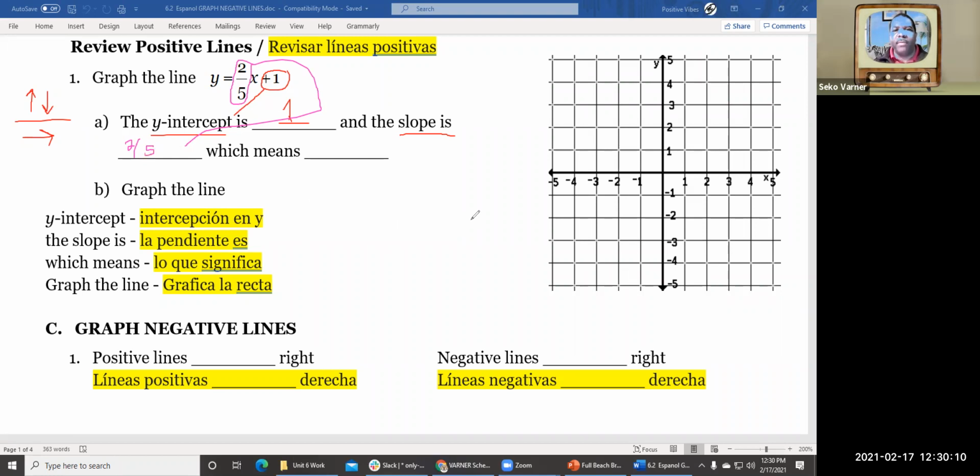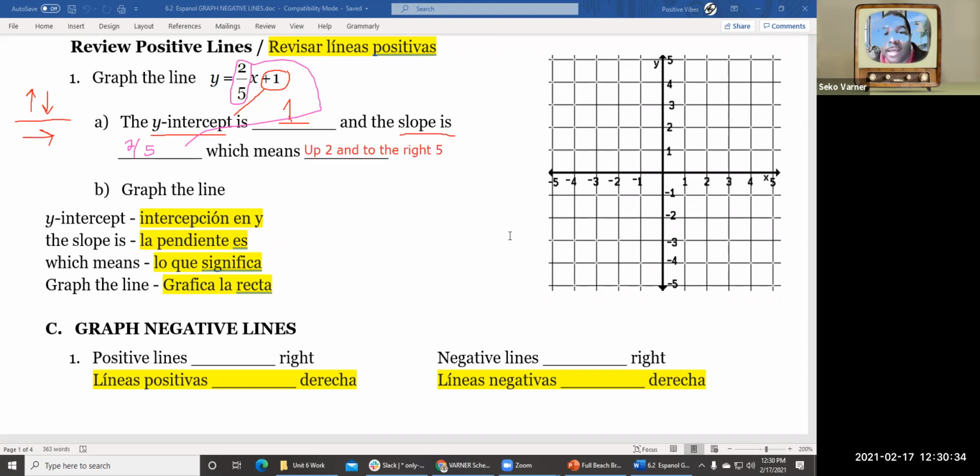Okay, so now that we have this information, which means you're going to do what? Which means you're going to go up 2 and to the right 5. Means you're going to go up 2 and to the right 5.